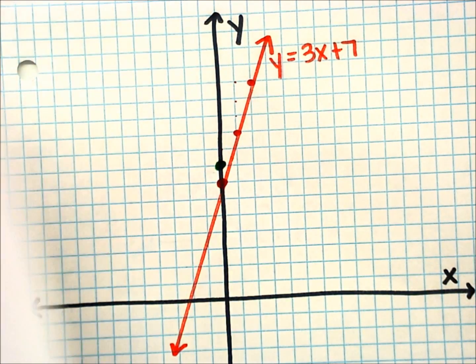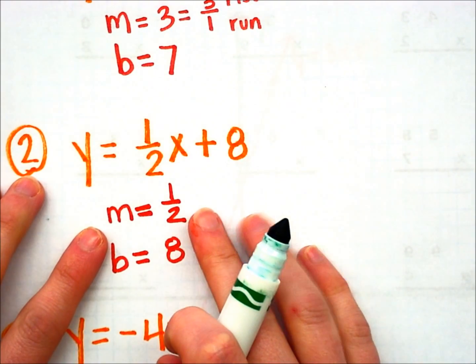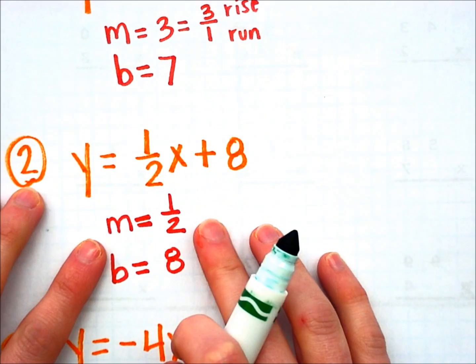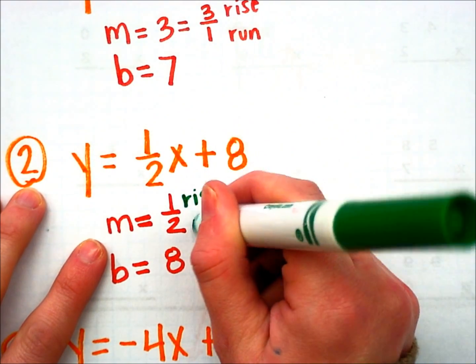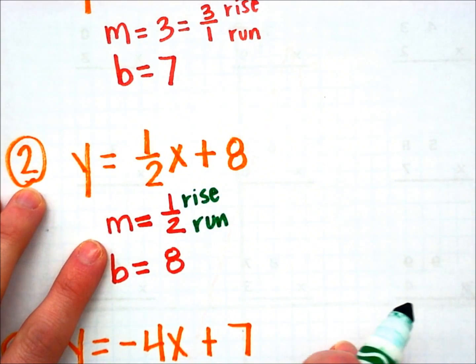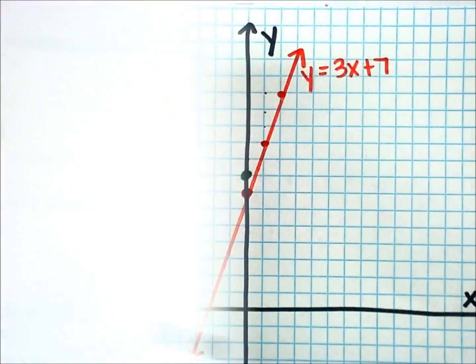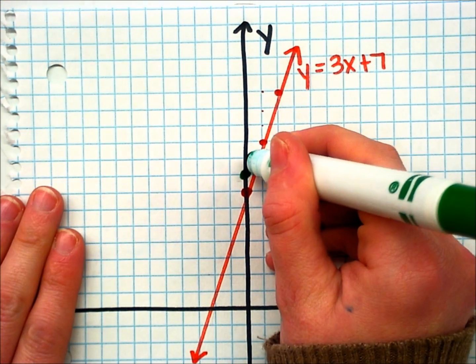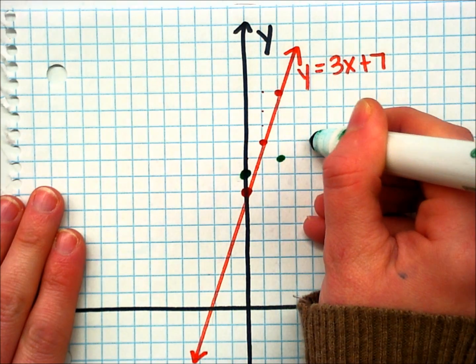And then use your slope to get more points so that you can graph a line. The slope is 1/2. This is already in fraction form. Remember that slope is rise over run. The rise is 1 unit. The run is 2 units to the right. So from here, I'm going to go up 1 unit and then 2 to the right. Up 1, then 2 to the right.